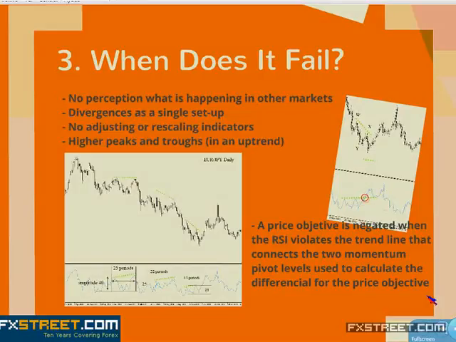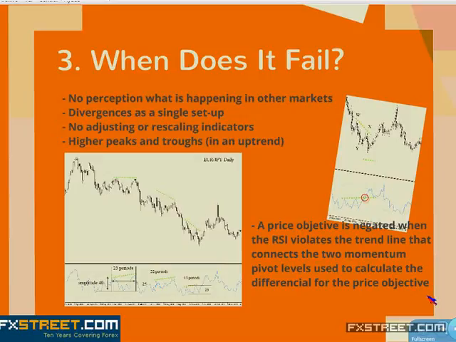Okay, it belongs to the family of divergences, but that type of signal is not available with a hidden divergence. So hidden divergences can and do fail, and there are certain observations that have been made.